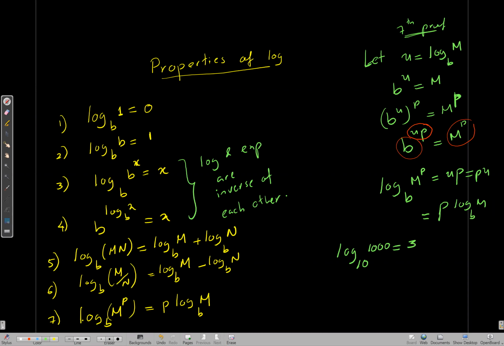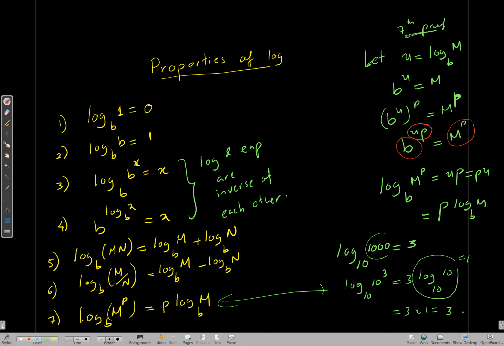Because 10 raised to which power is 1000? 3, right? But this 1000 I can write as 10 to the 3, right? Now if I use this property over here, 3 comes forward, log base 10 of 10, but you know this is 1, right? So 3 times 1 is 3.